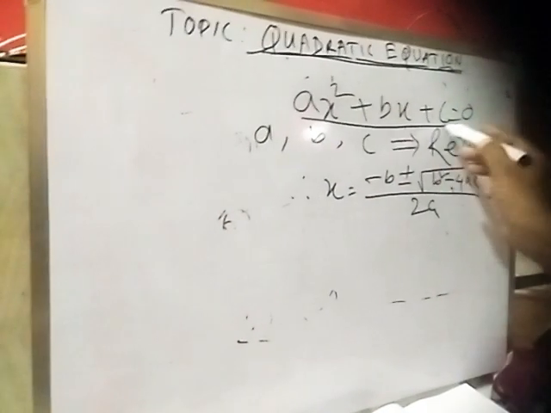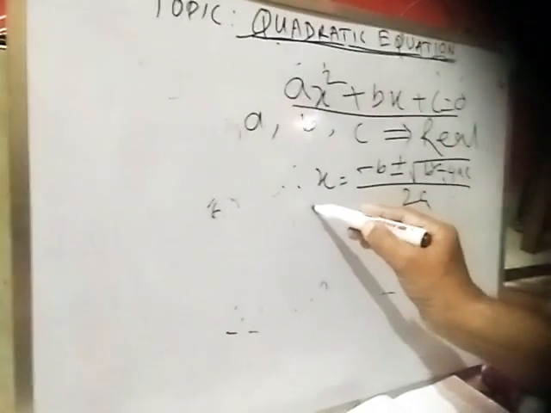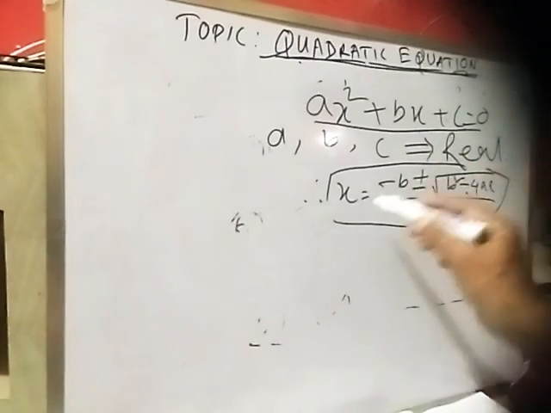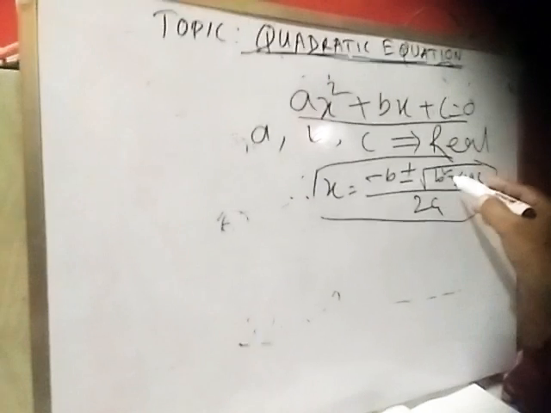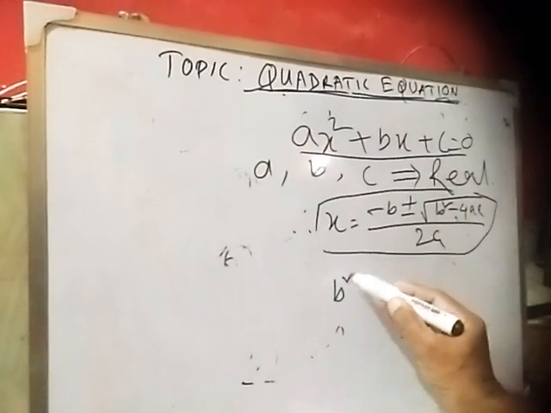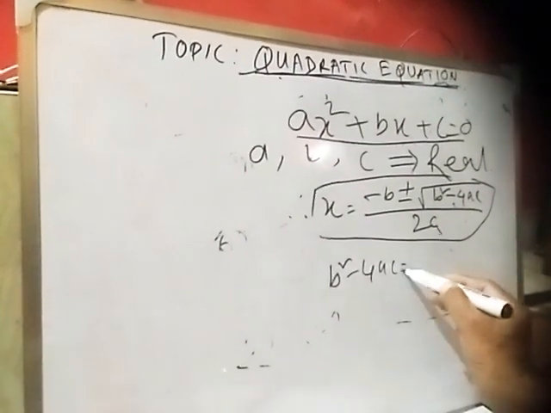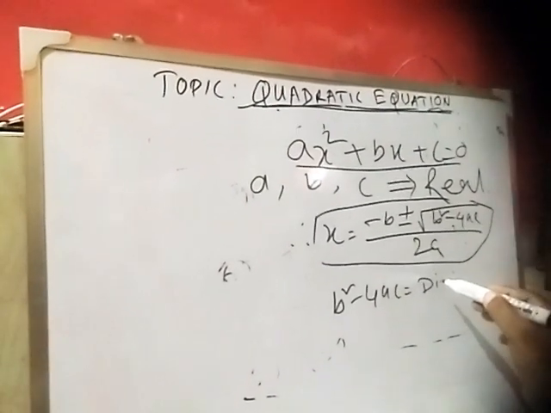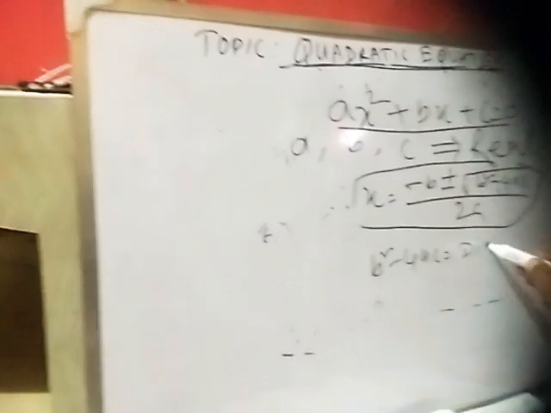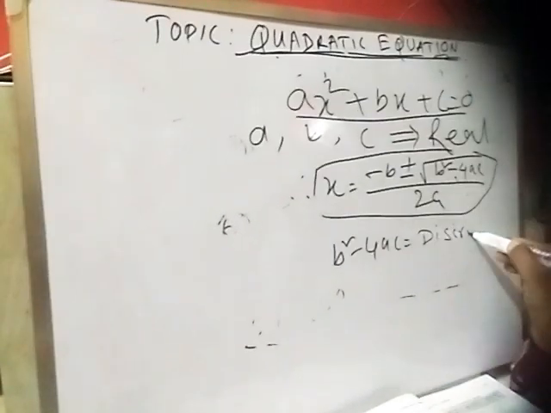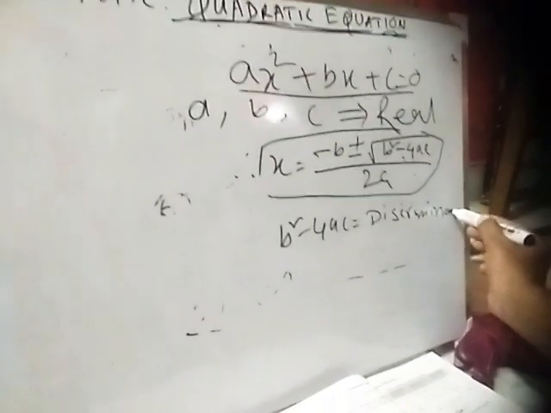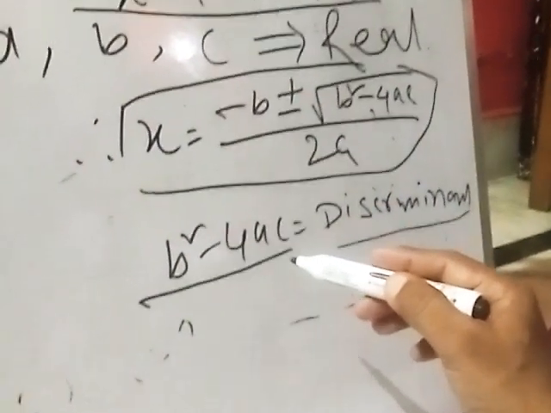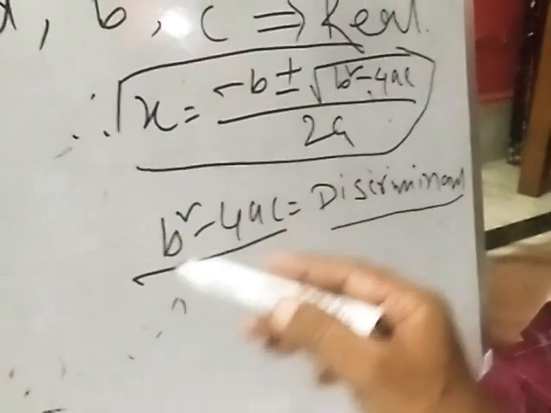After solving this equation, we will have this. This is known as Sridhar Acharya rule. And b square minus 4ac is known as discriminant, D-I-S-C-R-I-M-I-N-A-N-T. Clear? Everybody got it? Okay, well done.